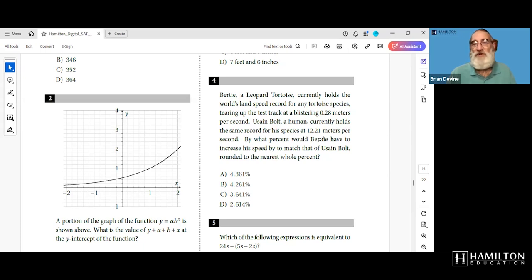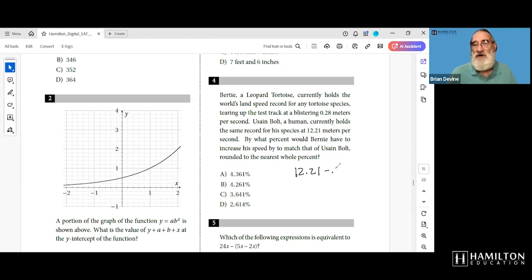By what percent would Birdie have to increase his speed to match that of Usain Bolt, rounded to the nearest whole percent? Well, this is a percent change problem in effect, so I can take the new value, which would be what Birdie wants to go to, Usain's speed of 12.21 meters per second.